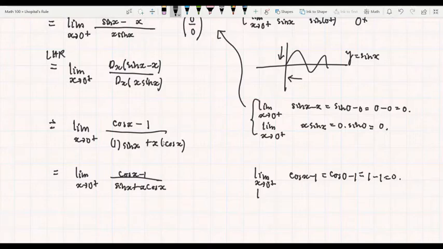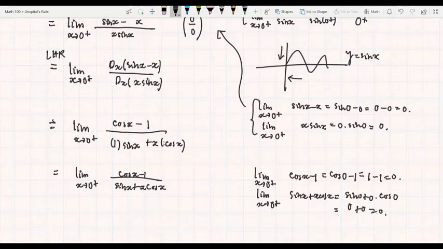And then for the denominator, we have the limit as x goes from the right of 0 of sine x plus x cosine x. So we have sine 0 plus 0 times cosine of 0. So we have 0 plus 0, or again 0. So from these two calculations, our limit is still 0 over 0. So we will again apply L'Hopital's rule.